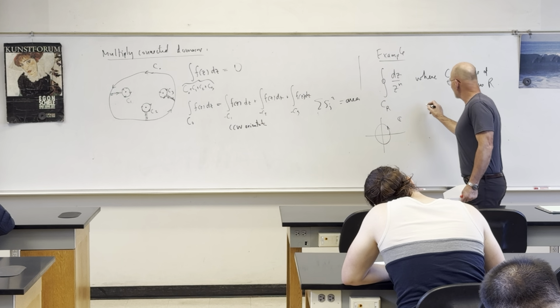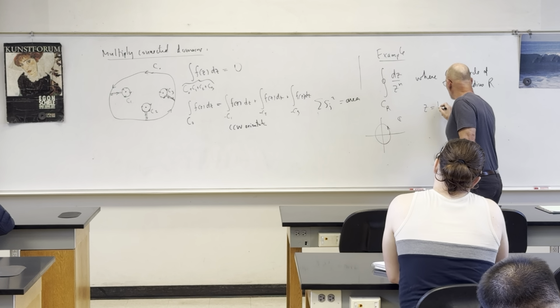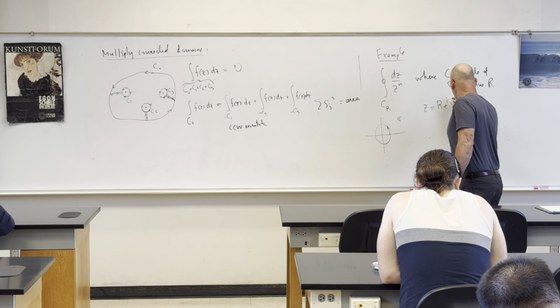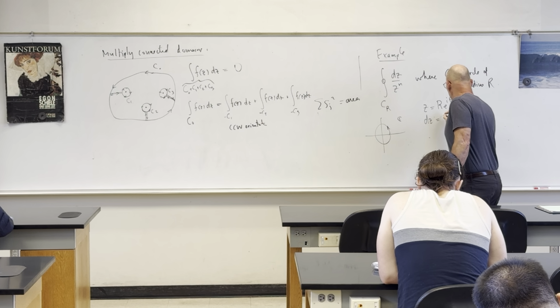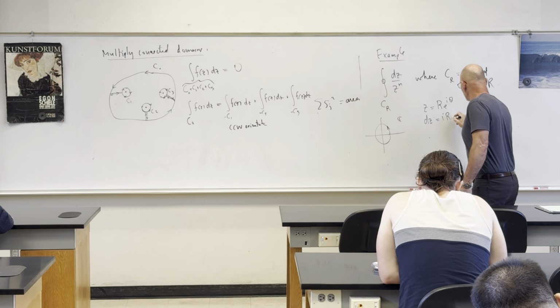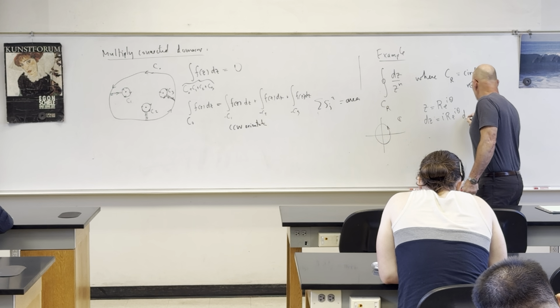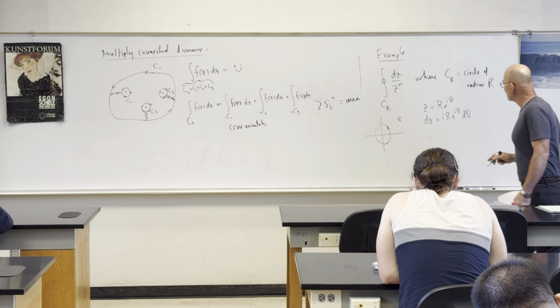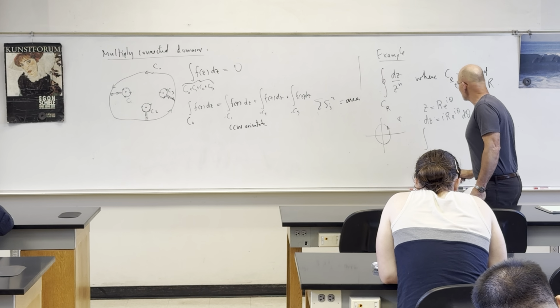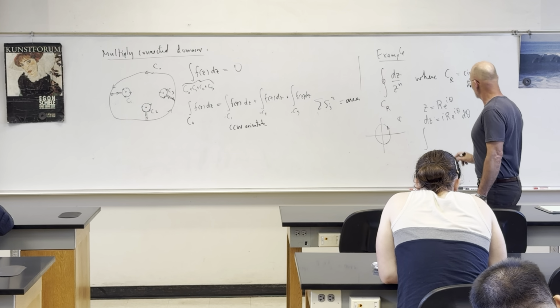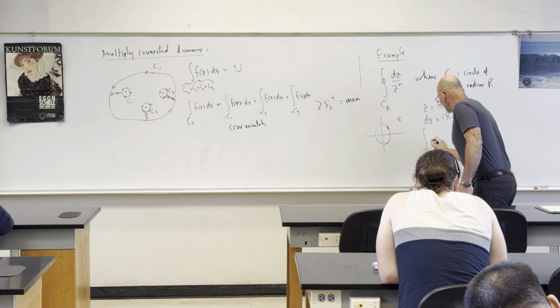So this is the one where we can do z equals r e to the i theta, dz equals i r e to the i theta d theta. And now we'll go to our integral here. It looks like it's going to be 0 to 2 pi.